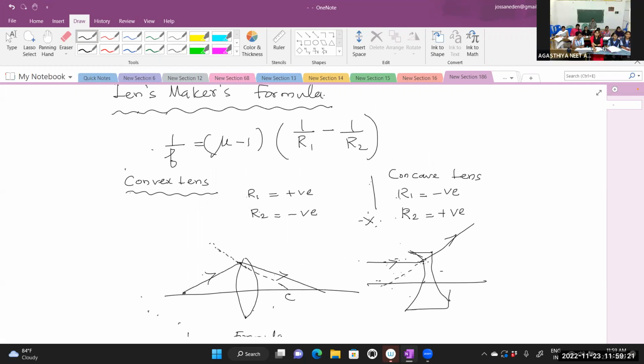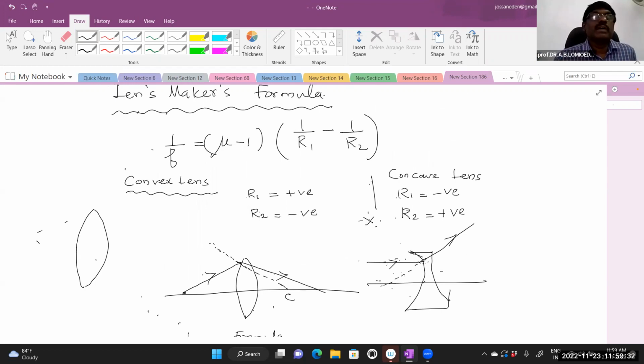R1 is the radius of curvature of the left-hand side portion. For example, consider this convex portion. For this portion, the center will be in this direction.